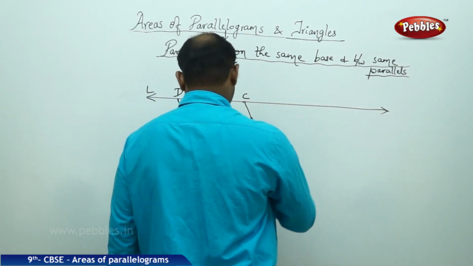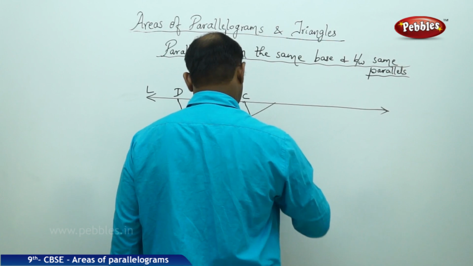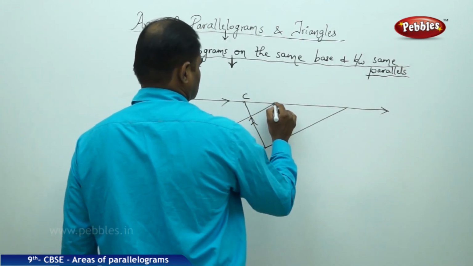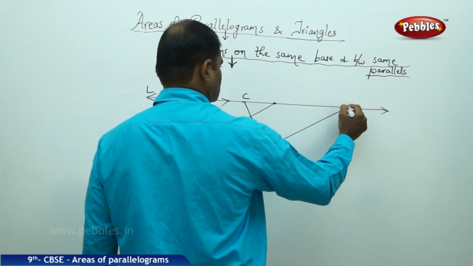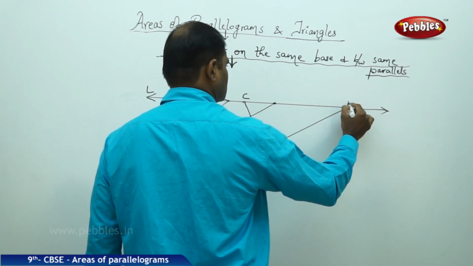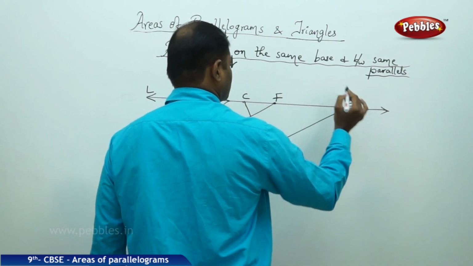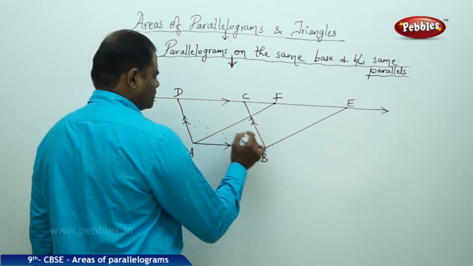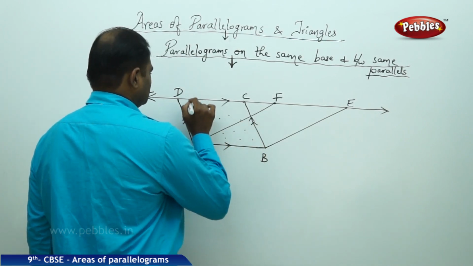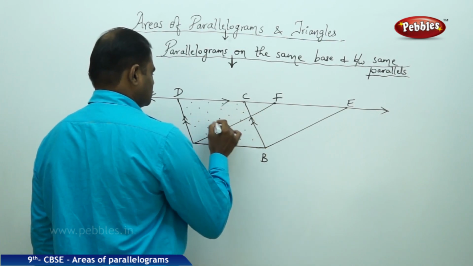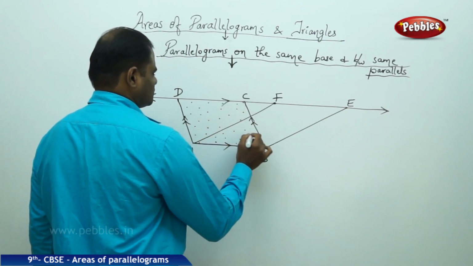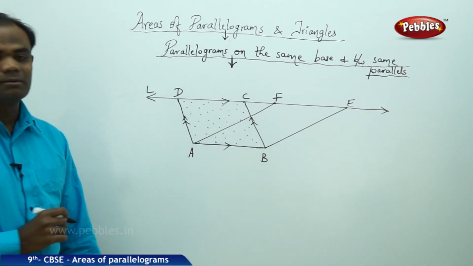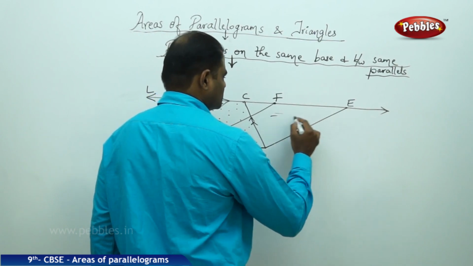Let me take another parallelogram, E and F. So here I have two parallelograms. One is the parallelogram which is obtained by ABCD, and the other parallelogram is this.